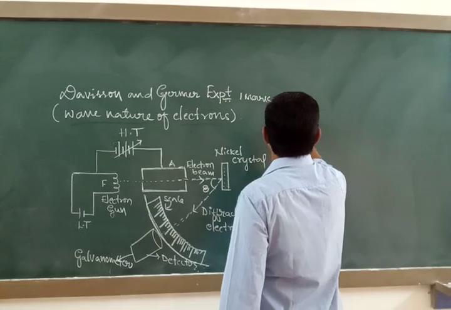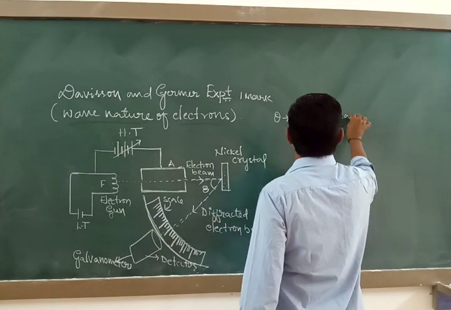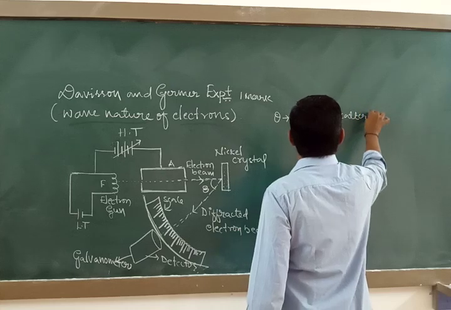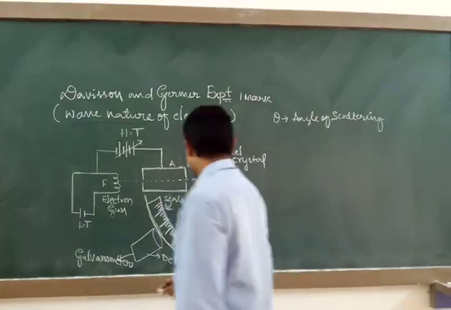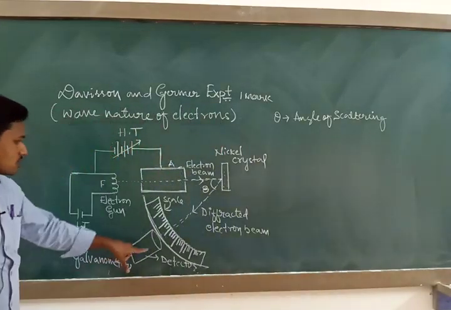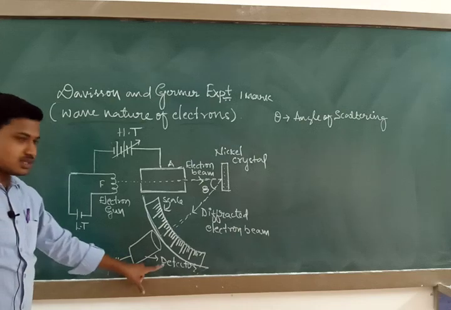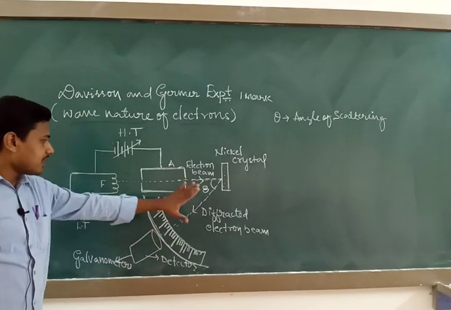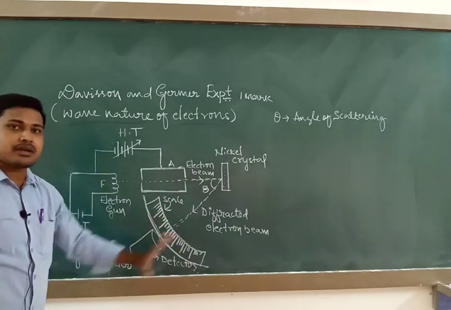This is very important. What is the angle of scattering? It is the angle between the incident electron beam and the scattered electron beam. I can observe the scattered electrons with the help of this detector, and this detector will detect the scattered electrons for different scattering angles.